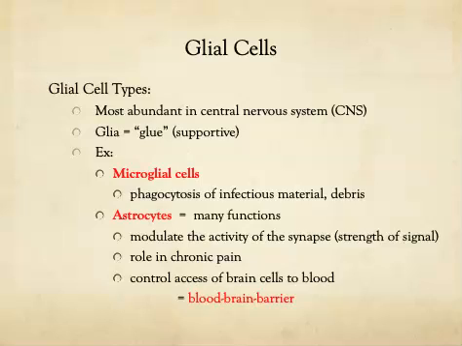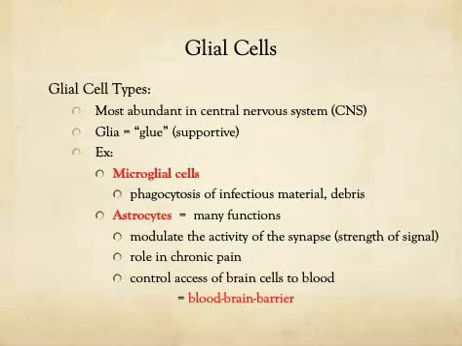We now understand through decades and decades of research that glial cells do much more than this, and they are critical to the function of the nervous system. Glial cells are found in both the central nervous system and the peripheral nervous system. But within the central nervous system, glial cells actually outnumber neurons.